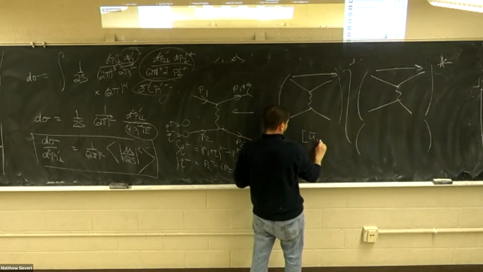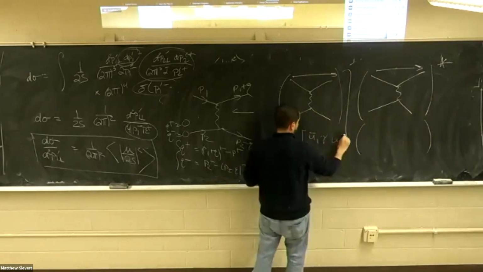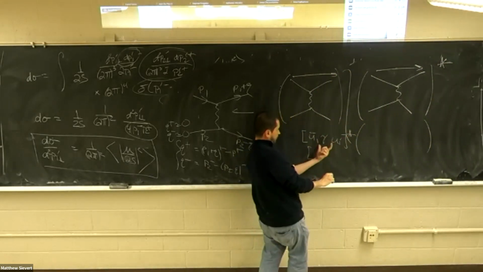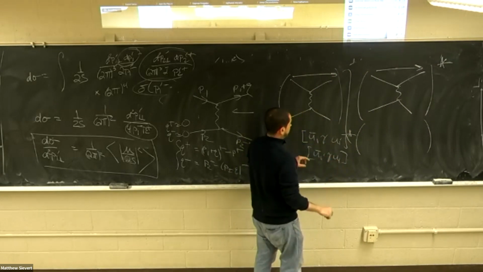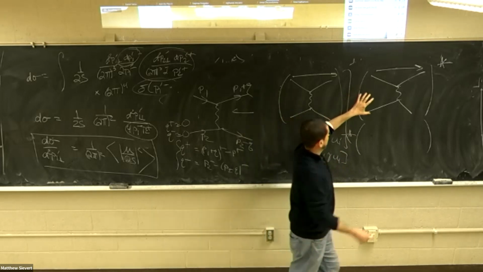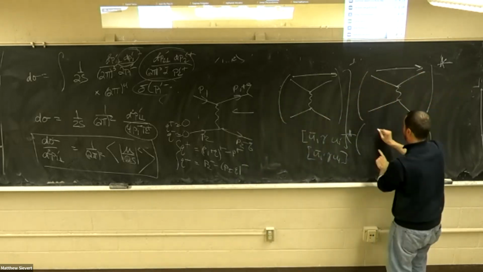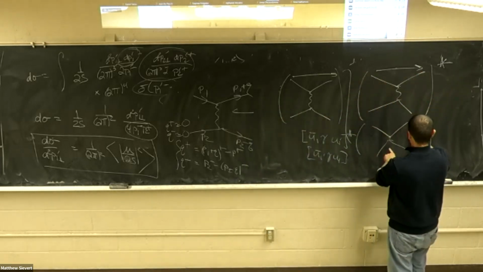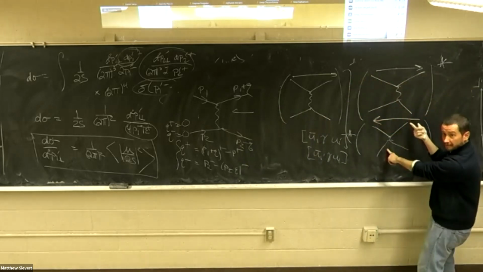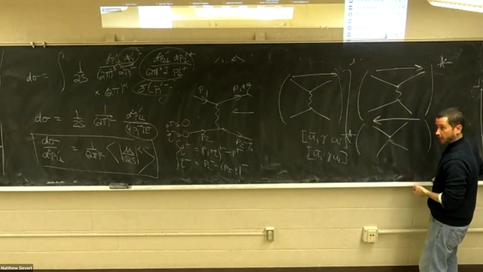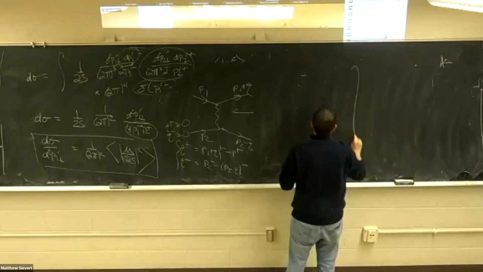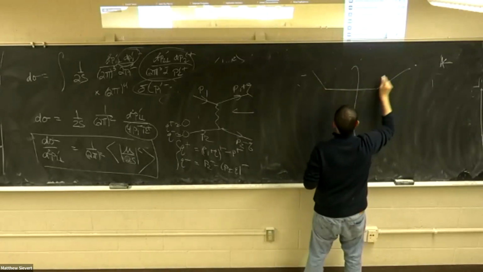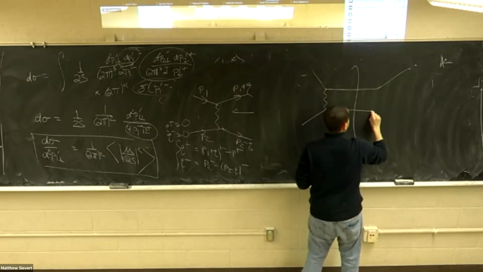If I had u bar 1 gamma u1 prime, and I conjugate it, I basically flip the direction of the trace: u bar 1 prime gamma u1. So the effect of complex conjugation on the right-hand side is basically to reverse the diagram. So now it effectively is flowing backwards after having performed the complex conjugation. So that's how you can think about what it means. As far as how to draw it, it's really convenient to draw it like this.